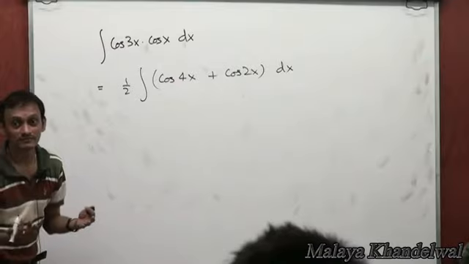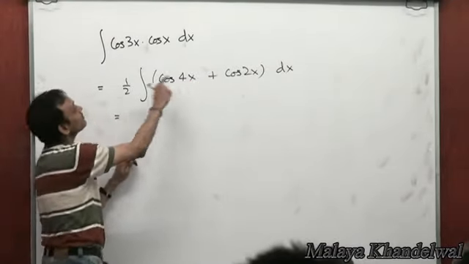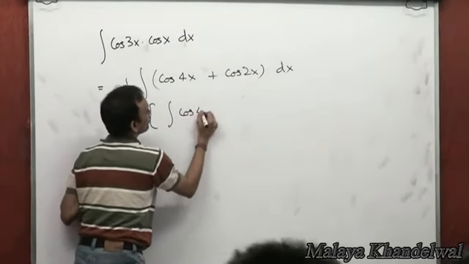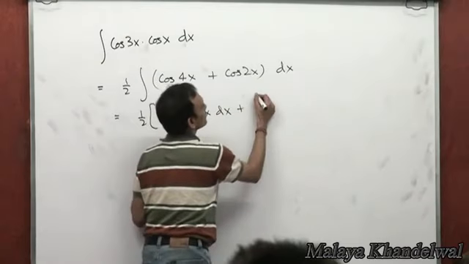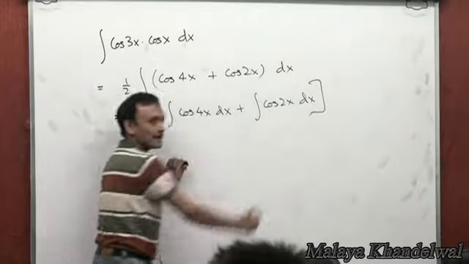Reduce it to a known format, right? Which is half cos A plus B plus cos A minus B. So which is like half of integral cos 4x dx plus cos 2x dx, right?